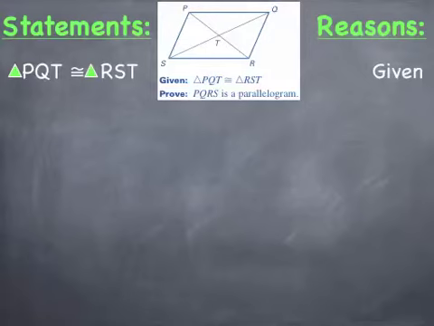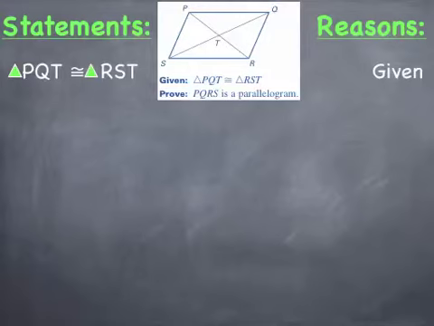Remember that the diagonals of a parallelogram bisect each other or cut each other into two congruent parts. So if we look at triangle PQT and triangle RST, notice that those two triangles have sides that are parts of the bisectors. If those two triangles are congruent, remember that corresponding parts of congruent triangles are also congruent.